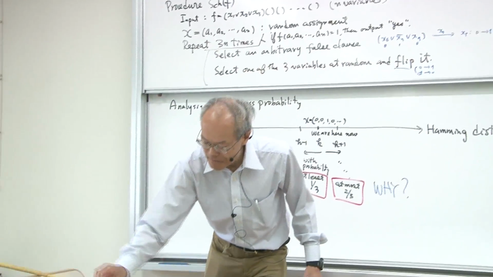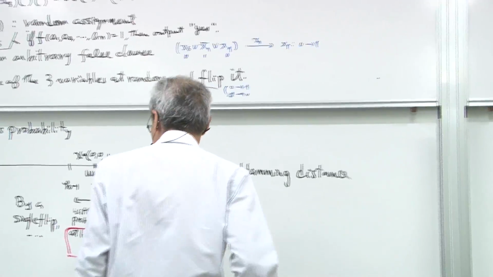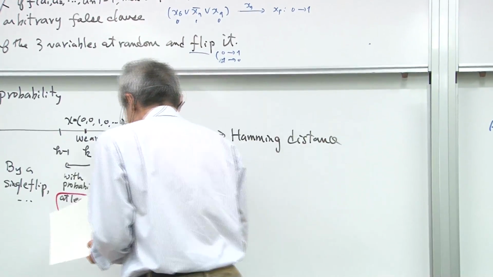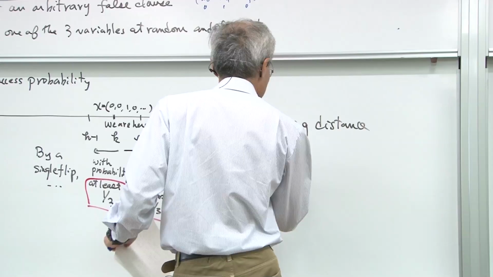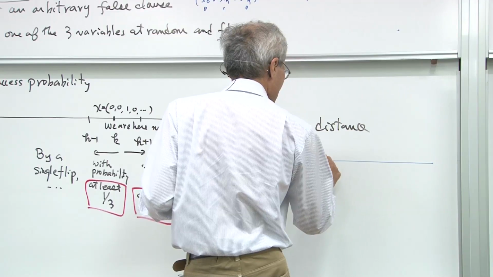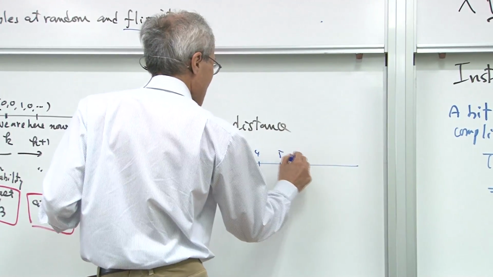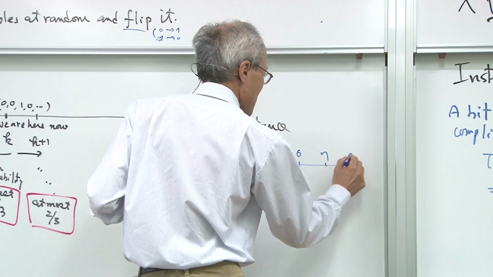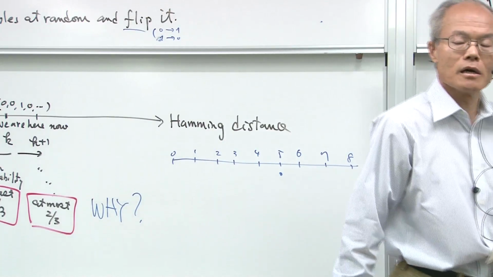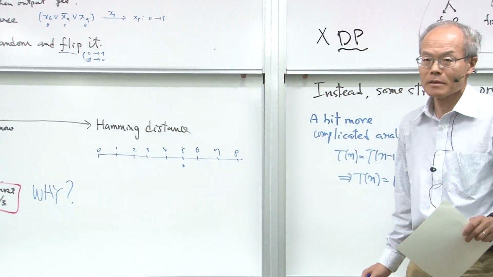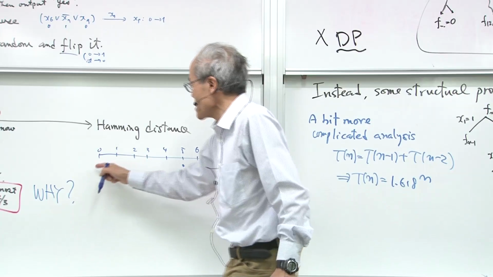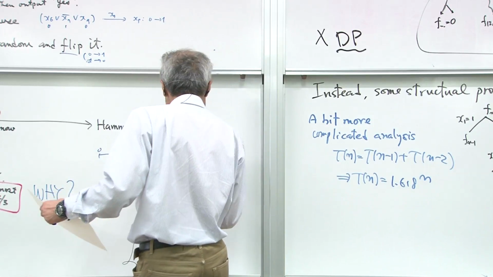Okay, now you're here. Hamming distance of 5. Then, by doing this, you might be able to get here, something like this.